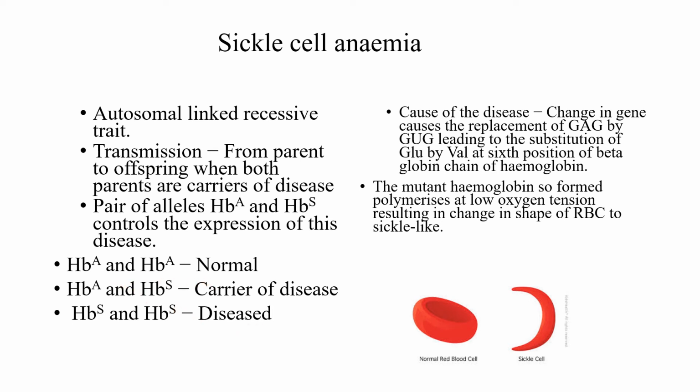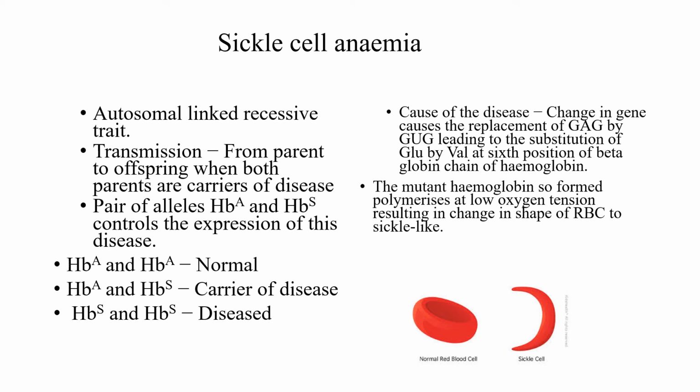The cause of the disease is mainly at the sixth position of the amino acid. Glutamic acid is substituted by valine. Because of that only, this disease is caused. You can see here, the change in gene causes the replacement of GAG by GUG.